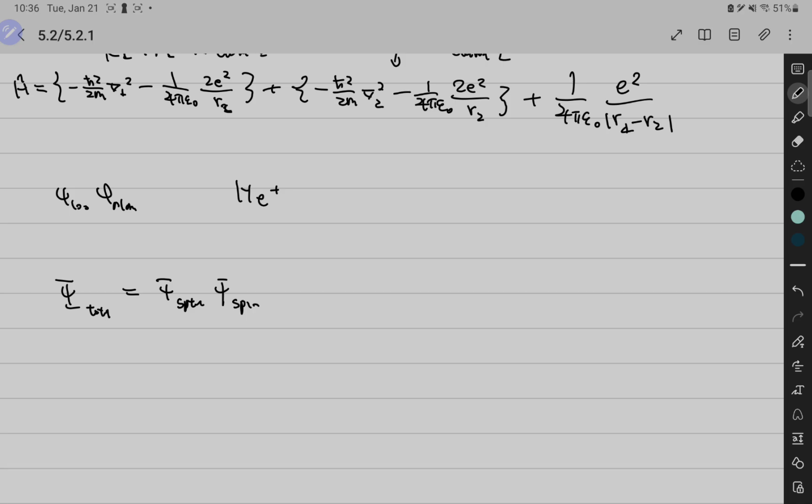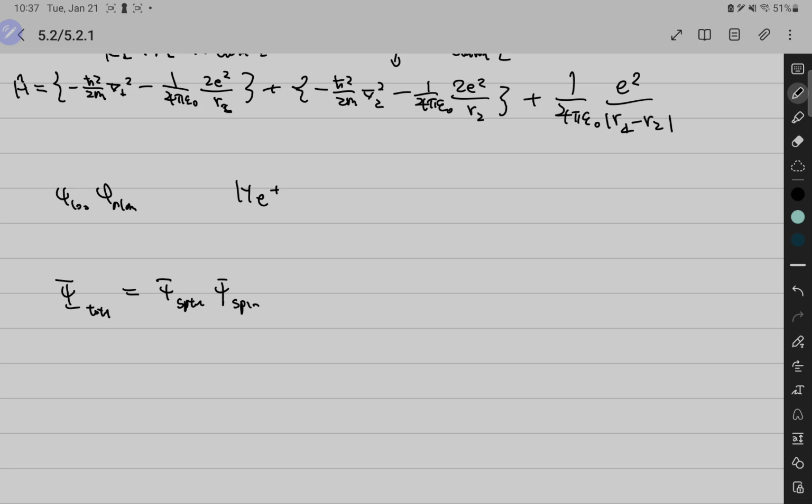If the spin part is symmetrical, then the spatial part must be anti-symmetrical. I mentioned the reasoning for that in my previous video, so you can check that out. But anyway, the takeaway is that for a pair of identical fermions, here 2 electrons, the total wave function must be anti-symmetrical.